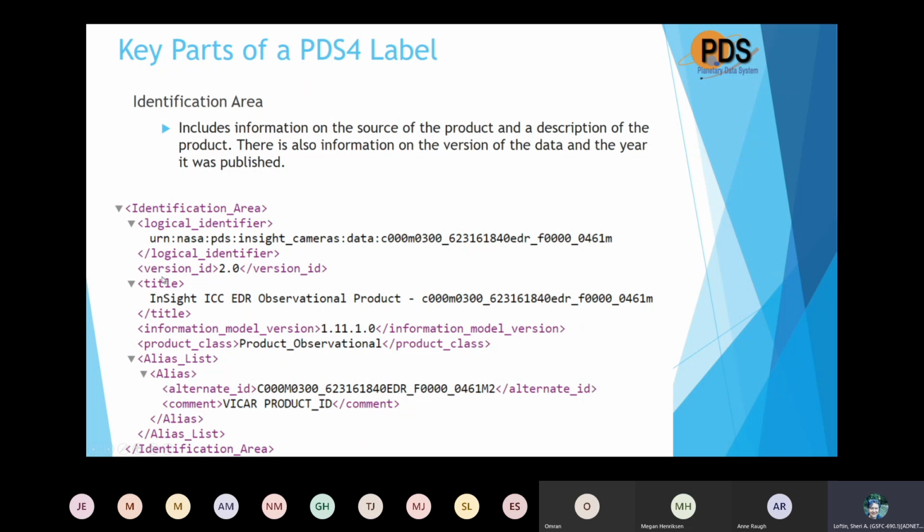So a lot of this stuff in the identification, when you're creating your templates, can actually be entered in. You can have a placeholder here for the file name. You can already put in observational product and then have a placeholder waiting here. These kinds of things are not going to change. And you want to include your metadata here.